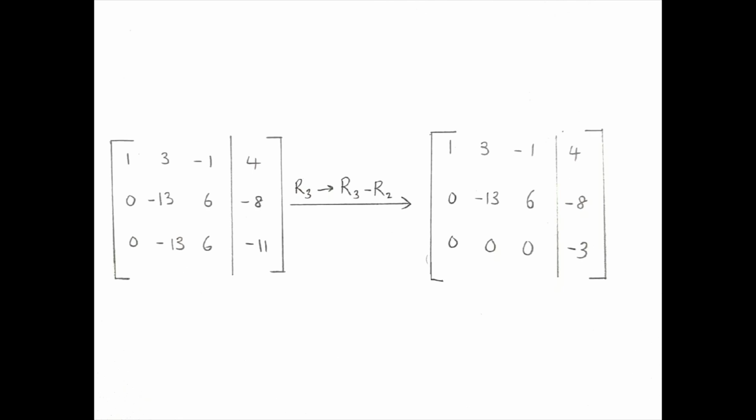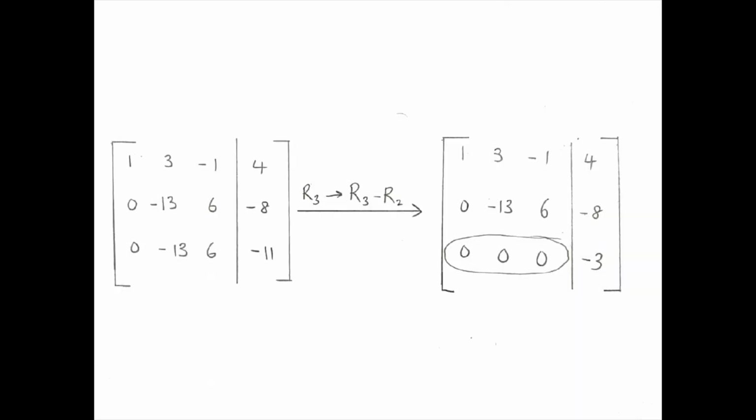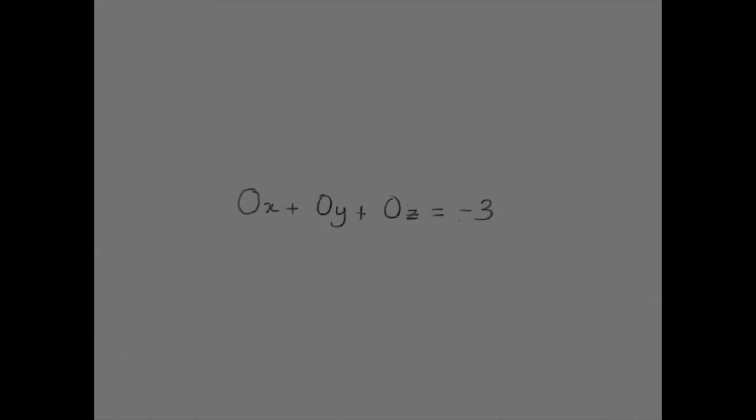At this point, we realize that there are three zeros in the third row. So what does it mean by 3 zeros in one row? Well, it will look like this.